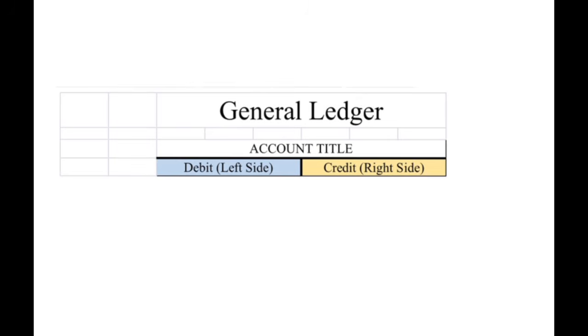So basically what you're looking at right now is an example of how the ledger is formatted. Two sides in every account. We have a left side, which is considered the debit side, and we have a right side, which is considered the credit side. Now, what I'd like you to do, gang, is leave whatever idea you have for the word credit when it pertains to accounting outside the door, okay?